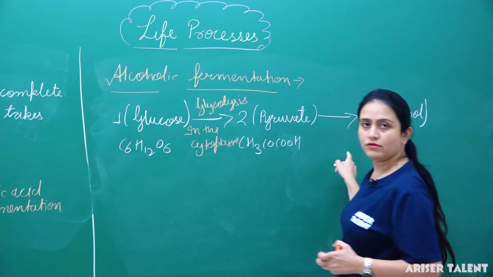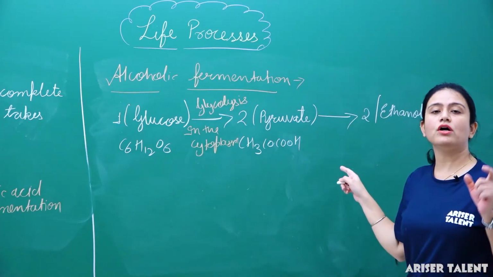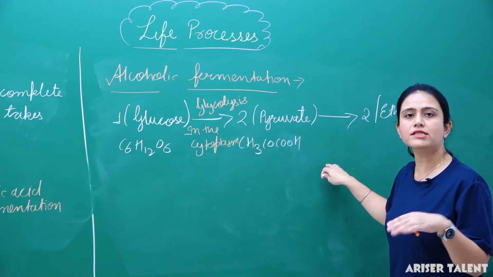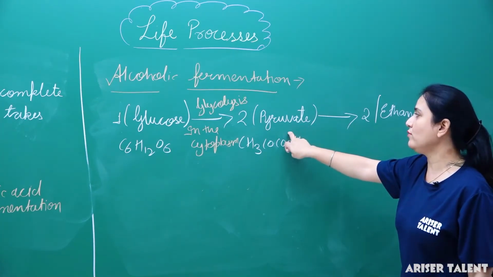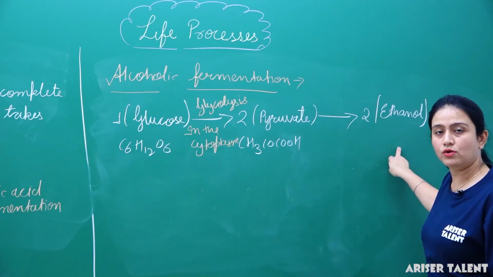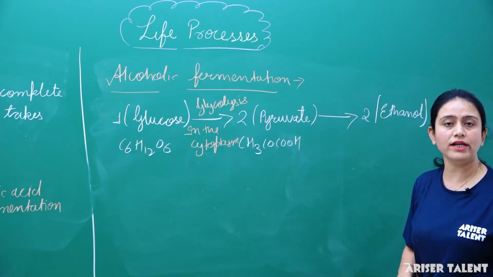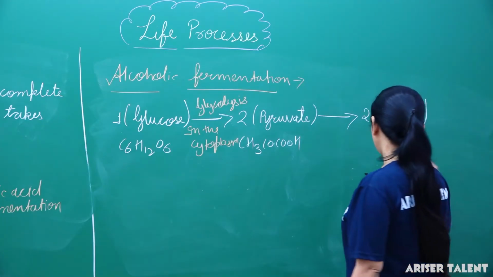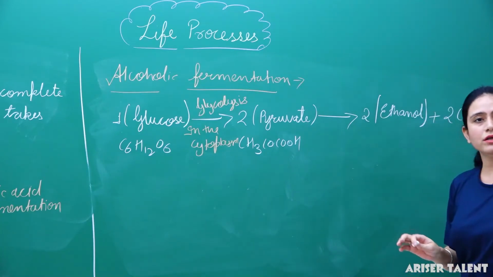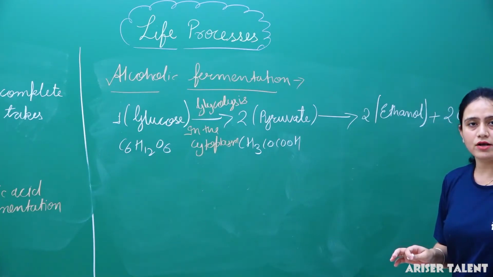This process does not occur in the presence of oxygen, meaning oxygen is absent here. So this pyruvic acid will convert only into 2 molecules of ethanol. This process is known as alcoholic fermentation. Next it will release carbon dioxide as usual, as I told you, during respiration carbon dioxide is released.